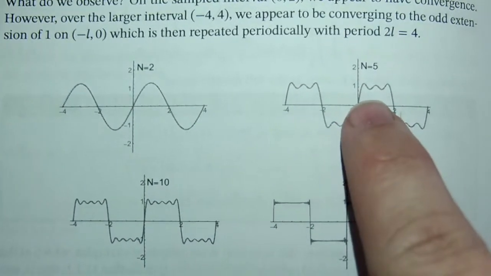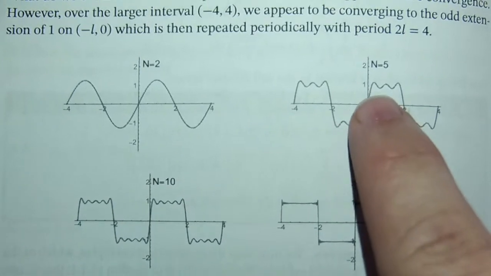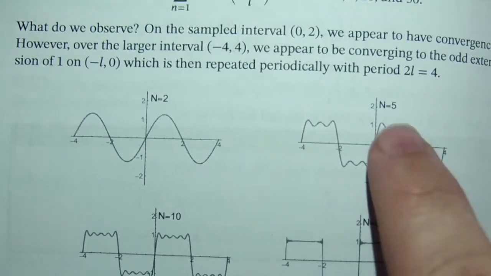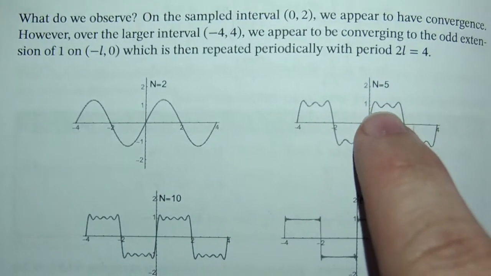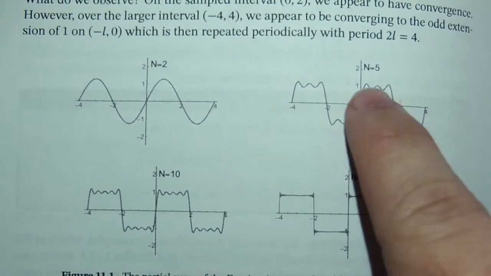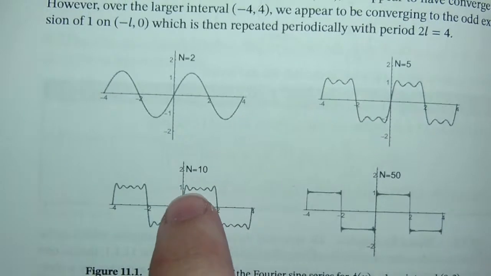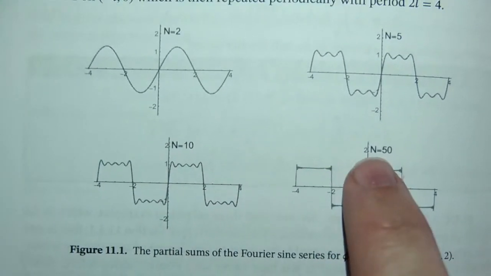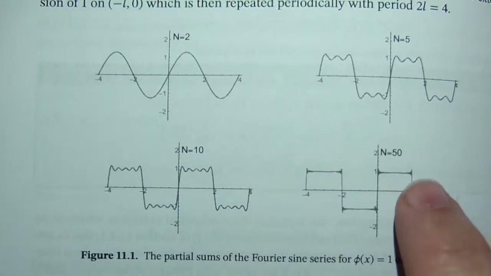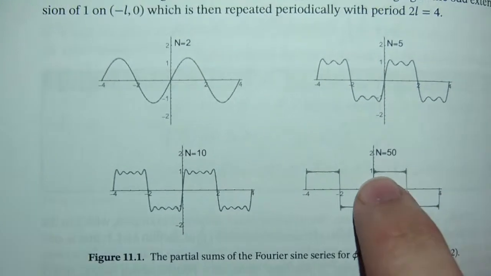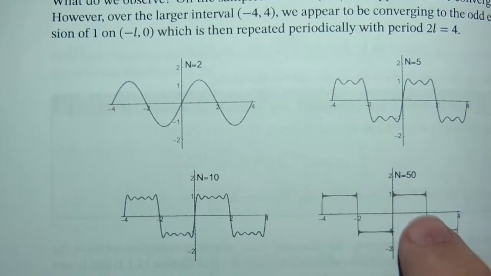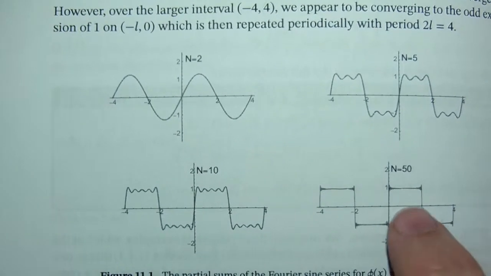At n equals 5, between 0 and 2, it's getting close to being just 1, with a little bit of oscillation. At n equals 10, it's getting much closer. And at n equals 50, so 50 terms in my sum, this is definitely getting really, really close to phi of x equals 1 on 0 to 2.